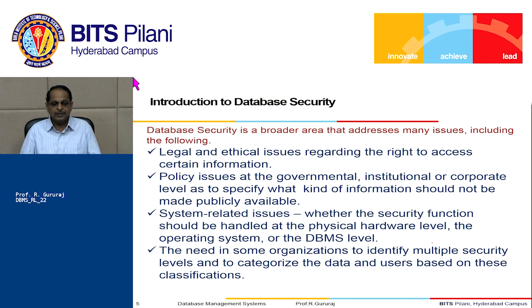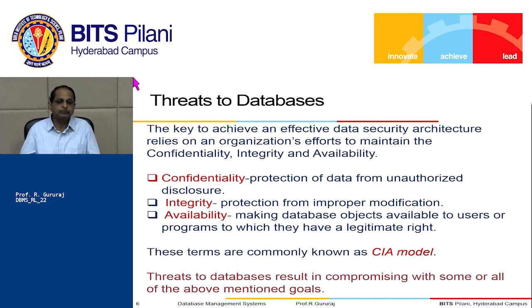There is also the need in some organizations to identify multiple security levels and to categorize the data and users based on these classifications. These are the major issues in database security.